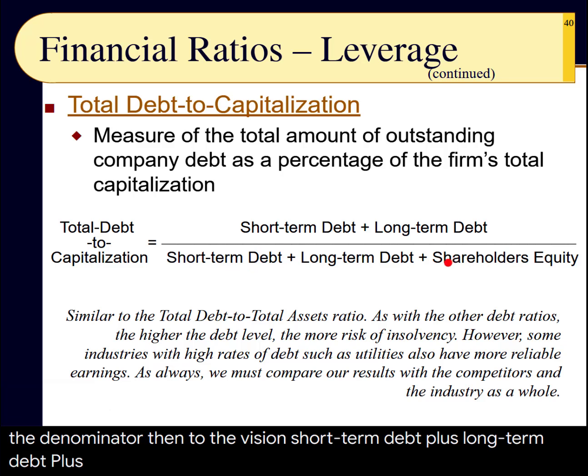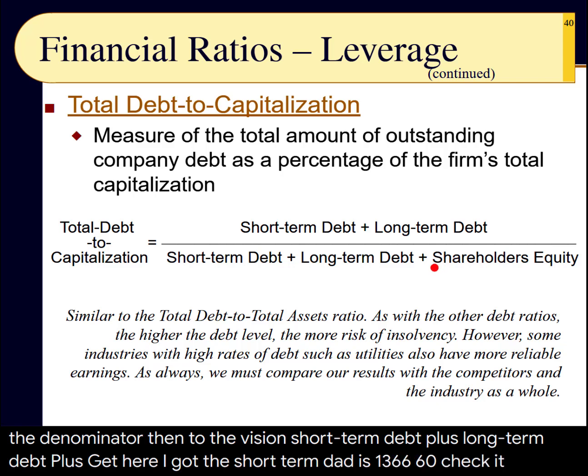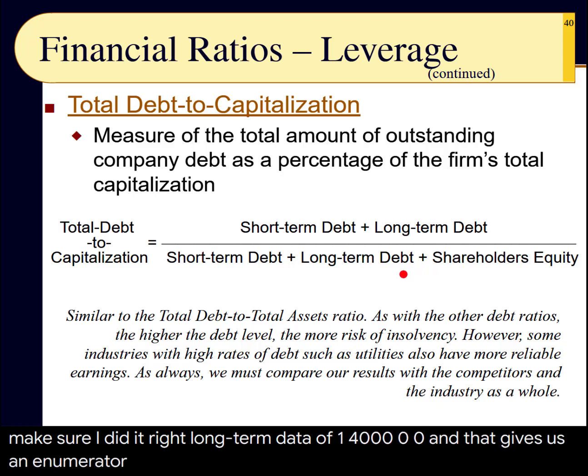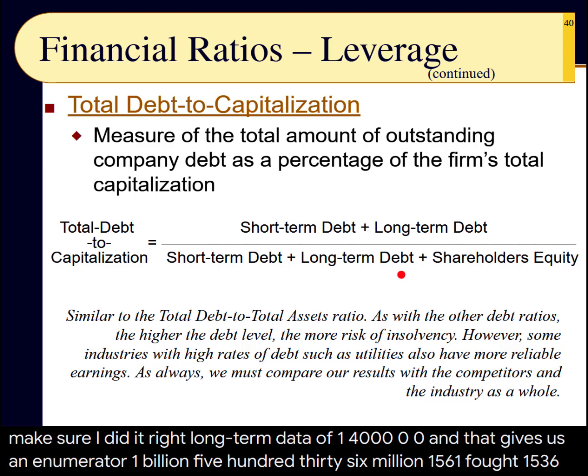So what did I get here? I got the short-term debt is 136,660. Check it out, make sure I did it right. Long-term debt of 1,400,000, and that gives us in the numerator 1,536,153,600.